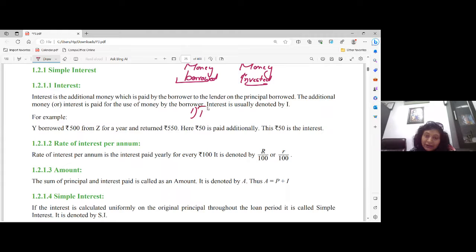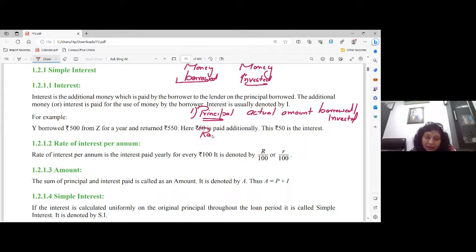The first thing is principal. The principal is the actual amount borrowed or invested.